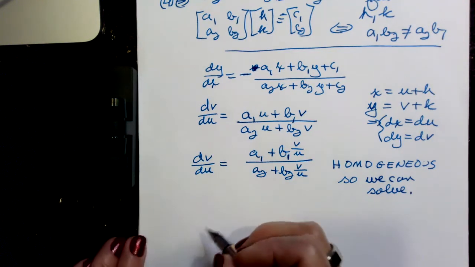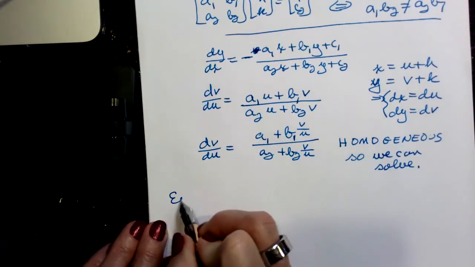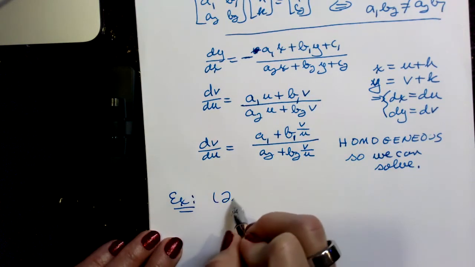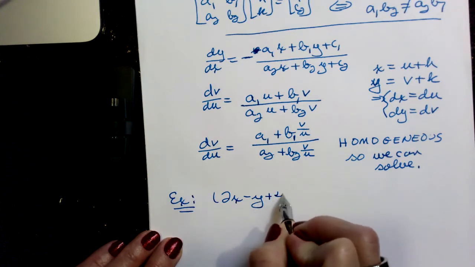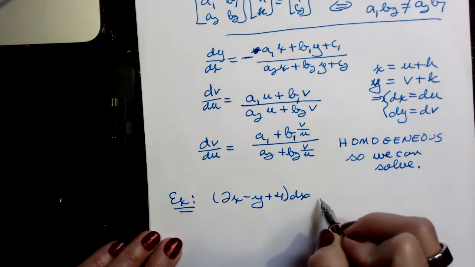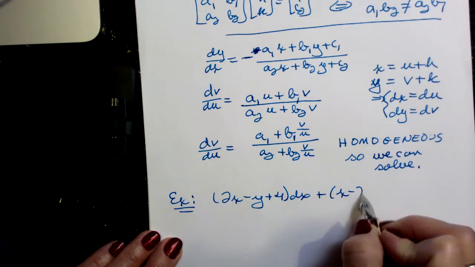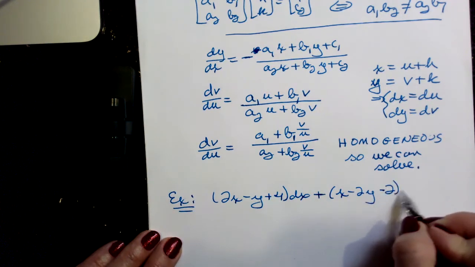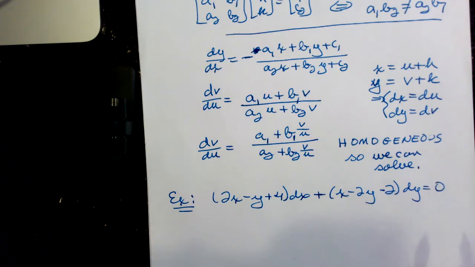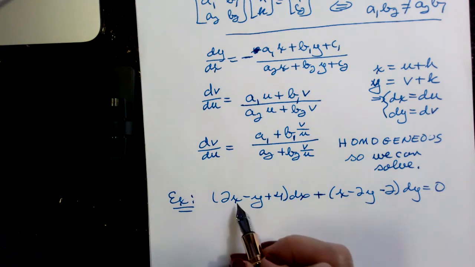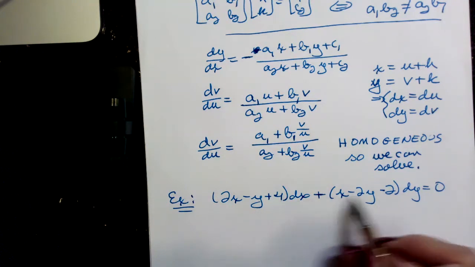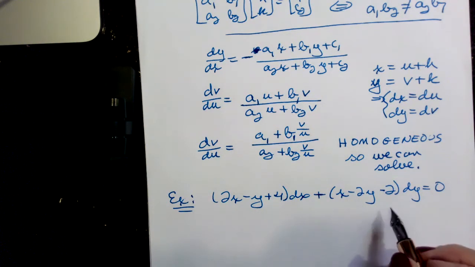All right, so let's try an example. Okay, let's say 2x minus y plus 4 dx plus x minus 2y minus 2 dy equals 0. Okay, so this one is one where we have a constant in both terms. Notice this is a constant times x, constant times y, plus a c1, and you have a c2 in this term as well.